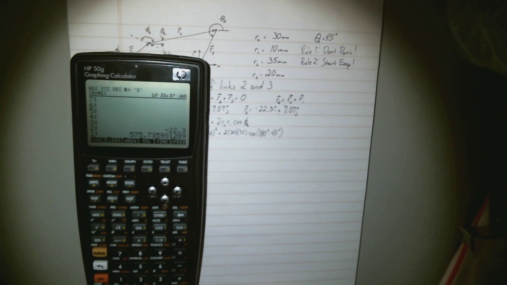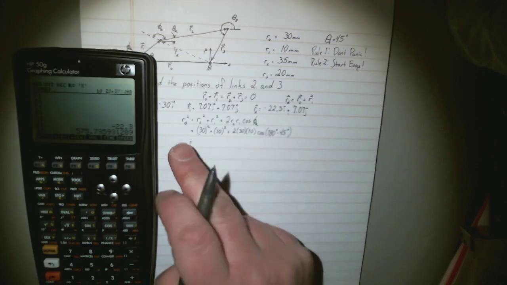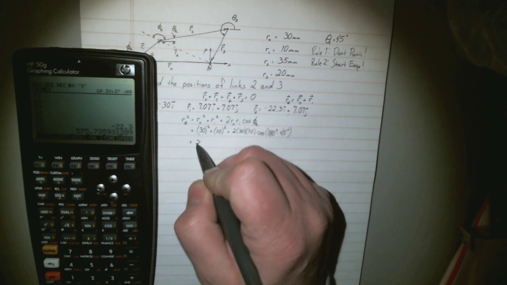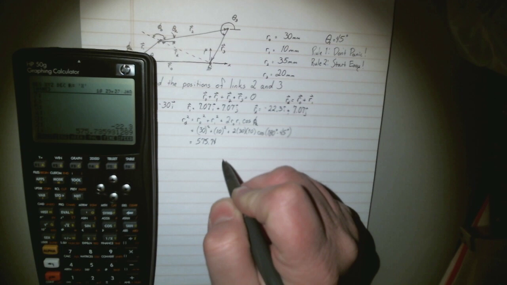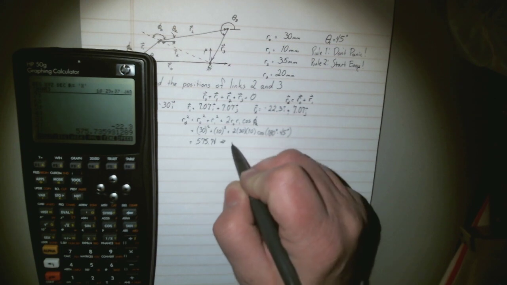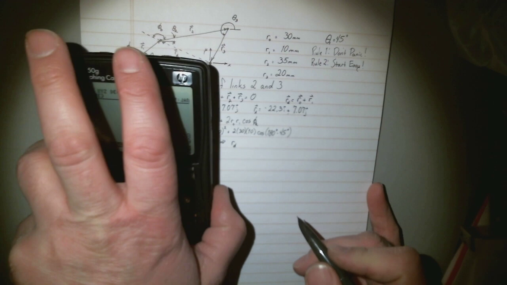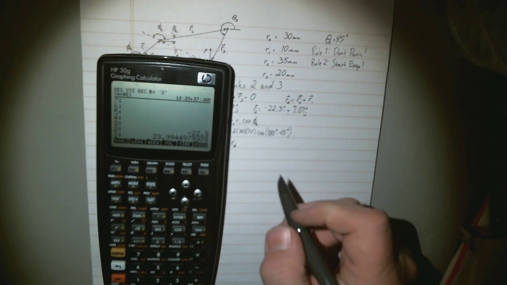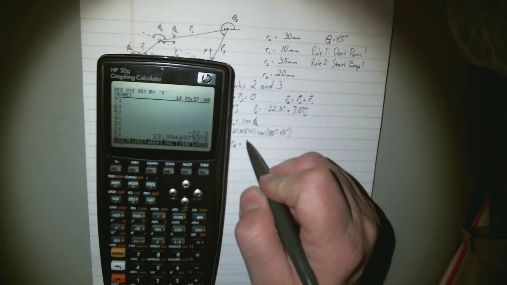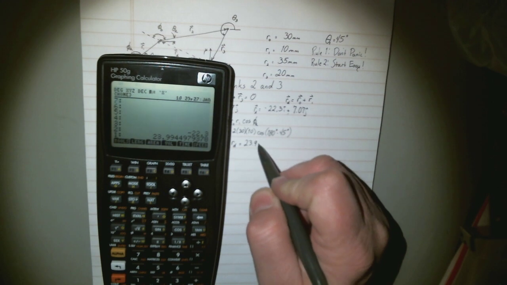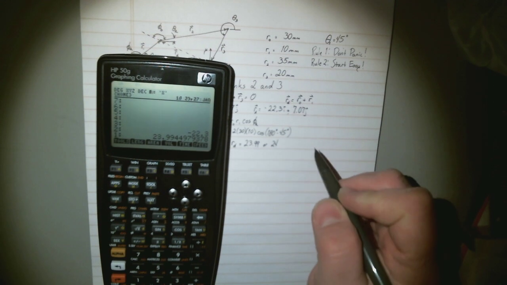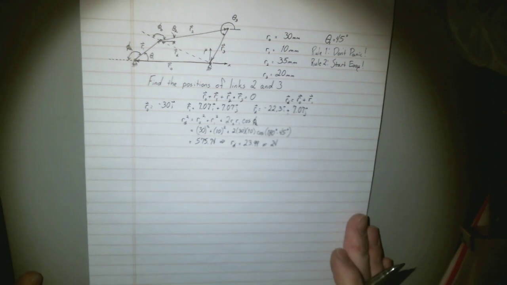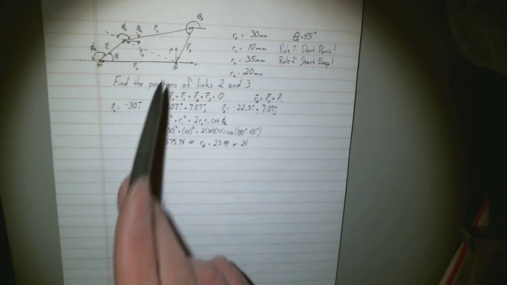If I solve, that gives me that r sub d squared is 575.74. And therefore, r sub d is equal to 23.99, or we'll go ahead and use 24. So fairly simply, we've been able to determine what goes on here with r sub d.